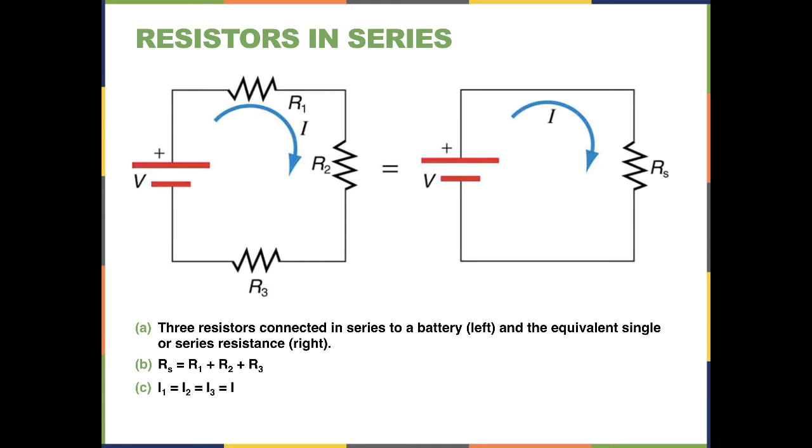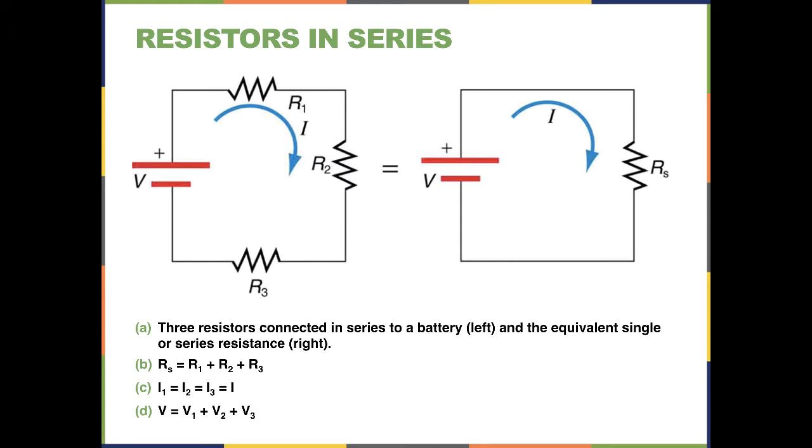And since the flow has to be the same and the flow is driven by the voltage, the voltage has to also be the sum of the voltages that are lost across each resistance. At each resistance, R1, R2, and R3, you would lose potential difference to drive the current across that resistance.